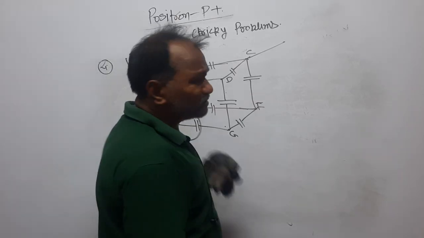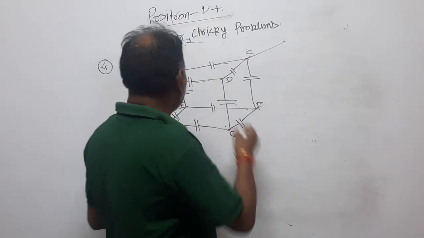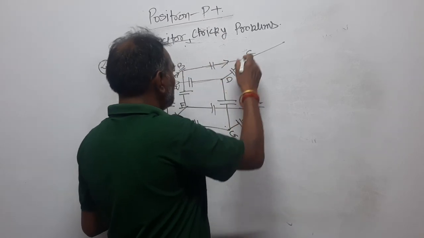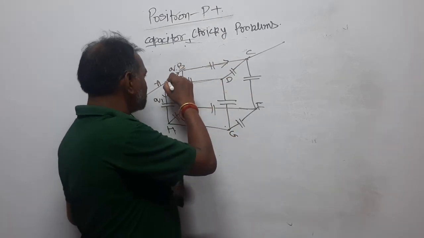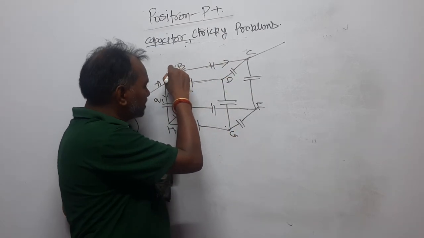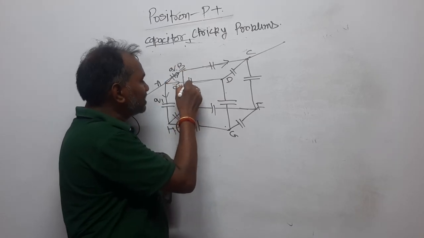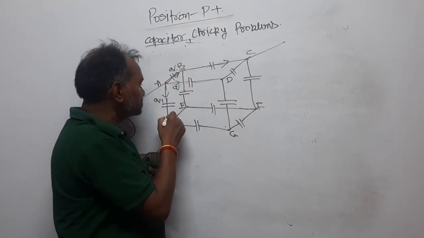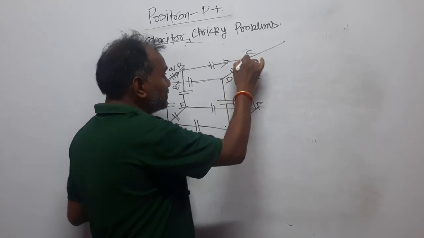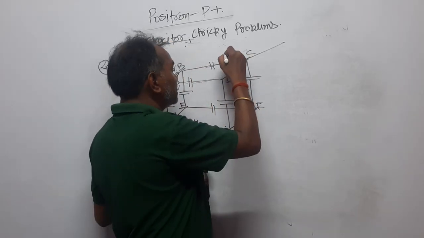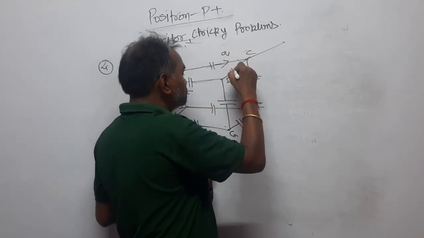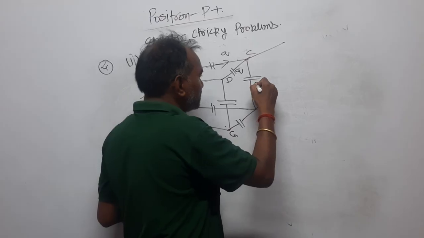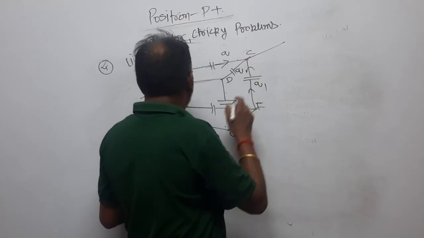Dear student, you can apply a very nice concept. If Q charge comes, then this branch receives Q charge and this branch receives Q charge. In the same way, with respect to C, this branch receives Q charge, this branch receives Q charge, and this one receives Q1 charge.